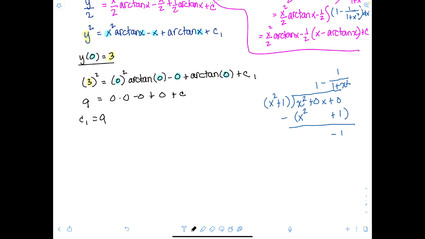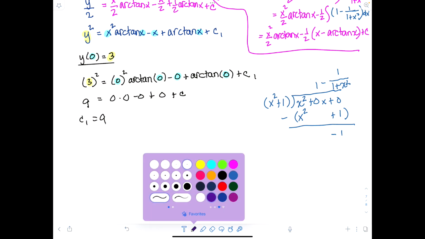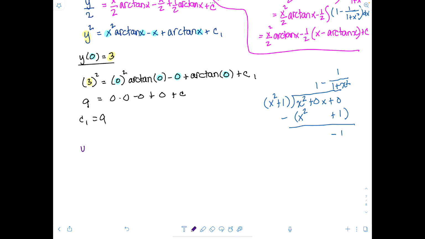And then rewriting, we will have y squared is equal to x squared arctangent at x minus x plus arctangent at x plus 9.